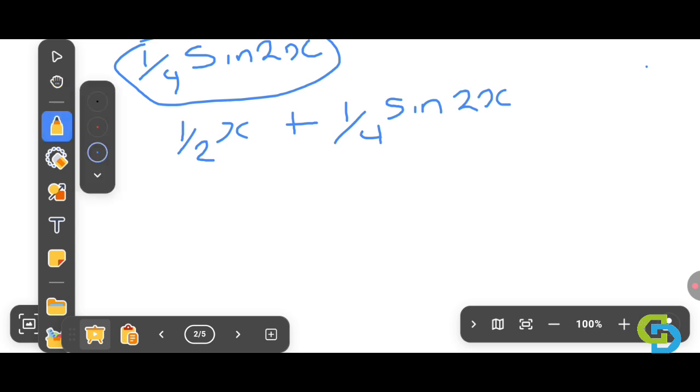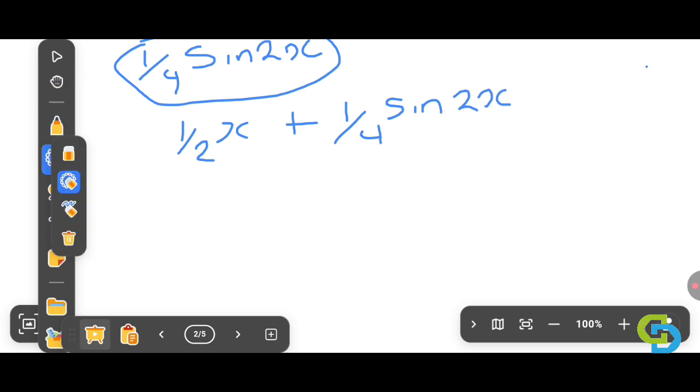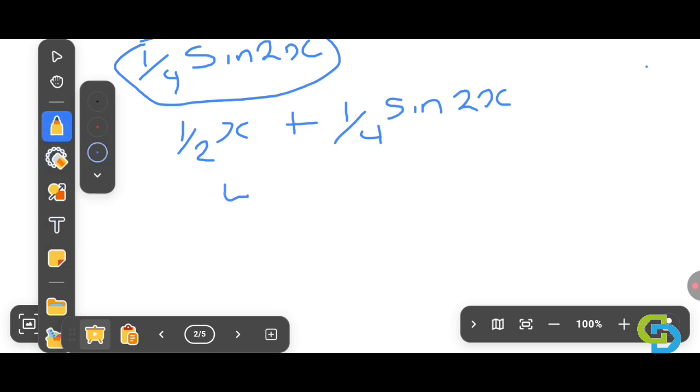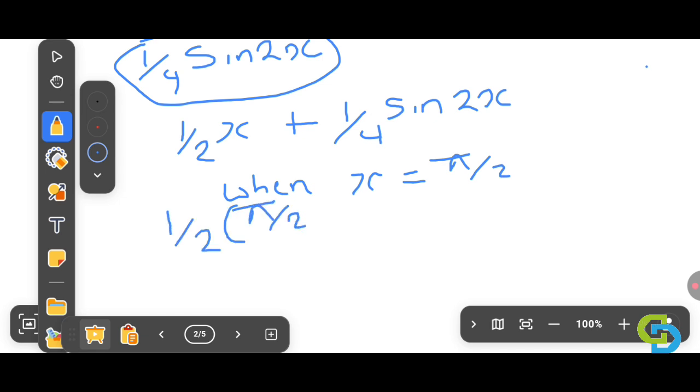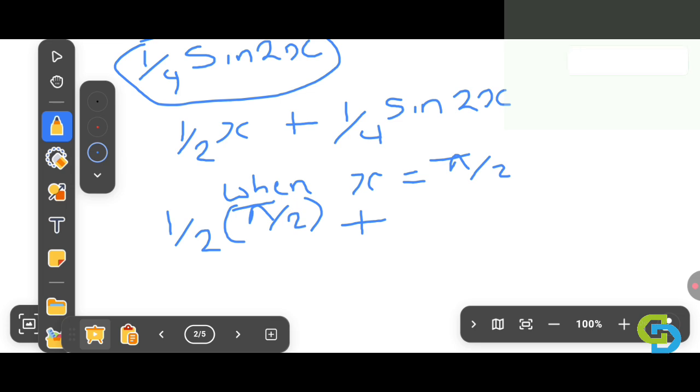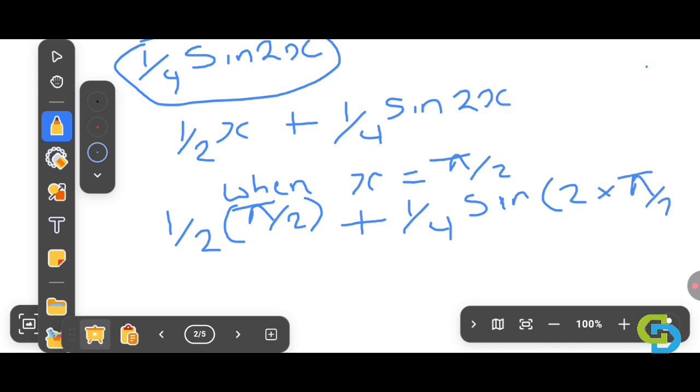When x equals pi over 2, we have it here as 1 over 2 open bracket pi over 2, plus 1 over 4 sine 2 times pi over 2.